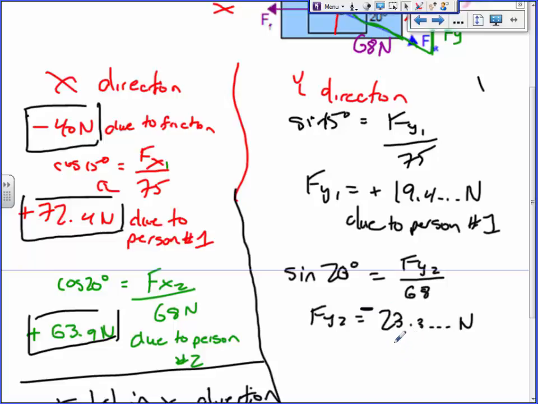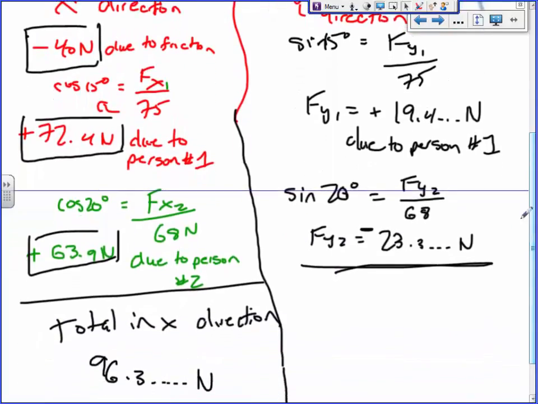So, is the car going to go forward? Absolutely. But is it going to go forward in a completely straight line? No, not quite. What I would then say is I need to find the net in the up and down direction, and it looks like it's going to be just over 4 newtons downwards. What's 23.3 minus the 19.4? Because really these are going in opposite directions, right?